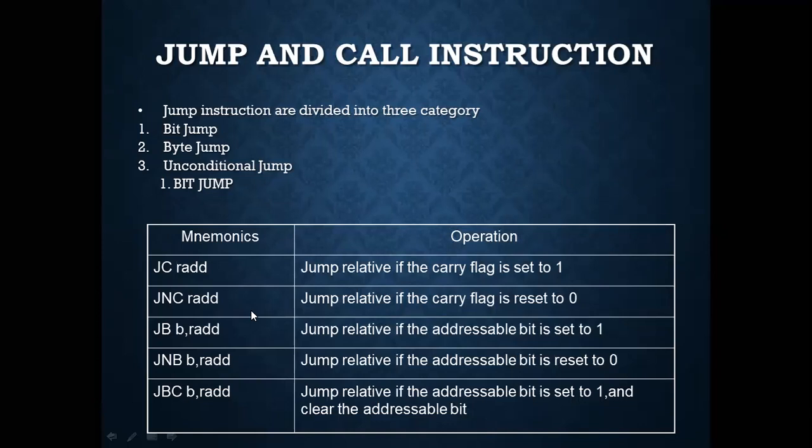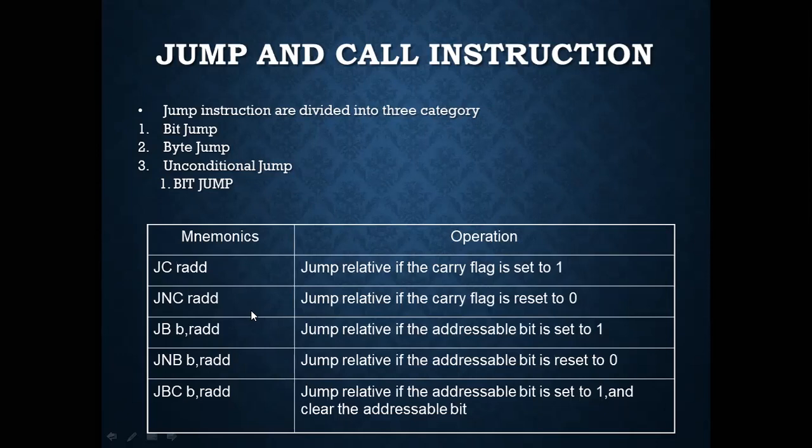If a particular bit is set, then the program will jump to the relative address, and similarly the opposite one, if the bit is not set, then the program will jump to the relative address. The last one is JBC, that is jump relative if the addressable bit is set to 1 and clear the addressable bit.